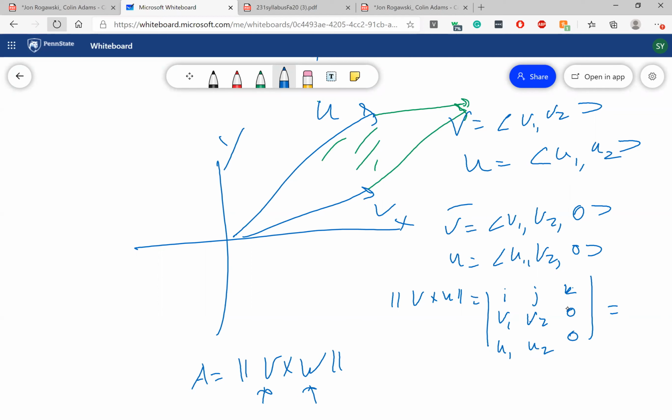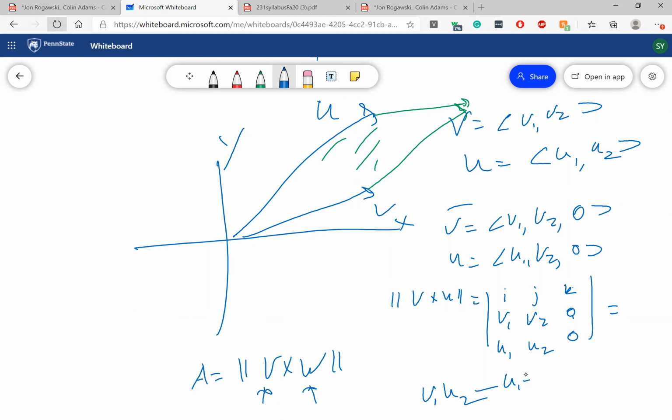This times this is 0, this minus this is 0. J times, and then this times this is 0, this times that is 0. And then K, and you get rid of that, and you have this times this, which is V1 times U2, minus this times this, which is U1 times V2.